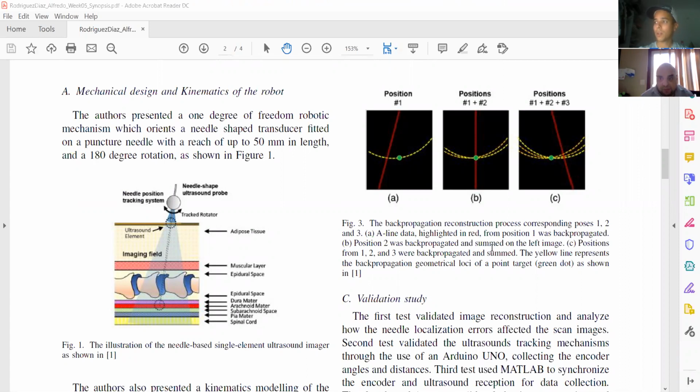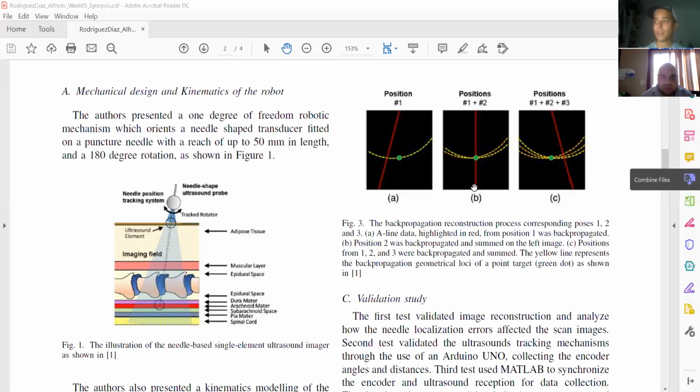Basically, when they use the algorithm once already inside the skin, and you have needle movement caused by the skin surface, which you will always have because of some variation based on resistance from the body, even though the tip localization is very accurate, in order for the system to perform the backpropagation approach, the image gets distorted a little bit because of that error.